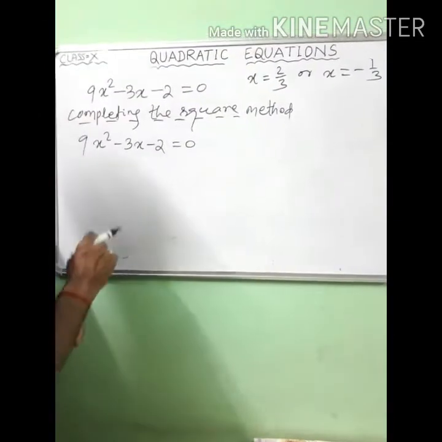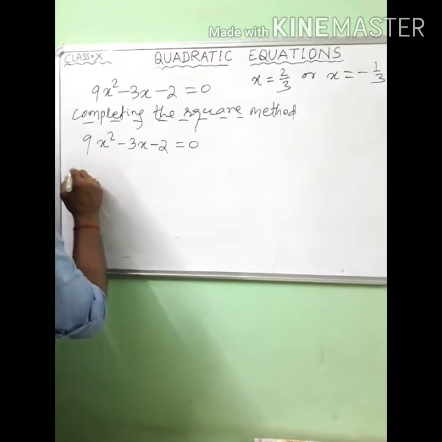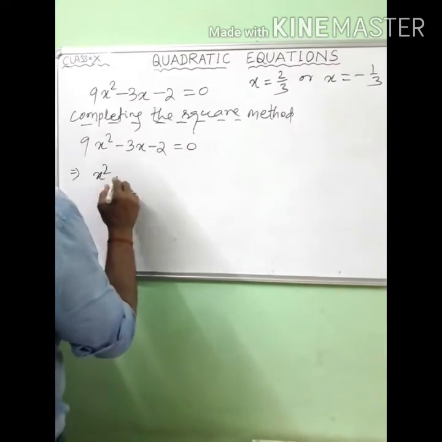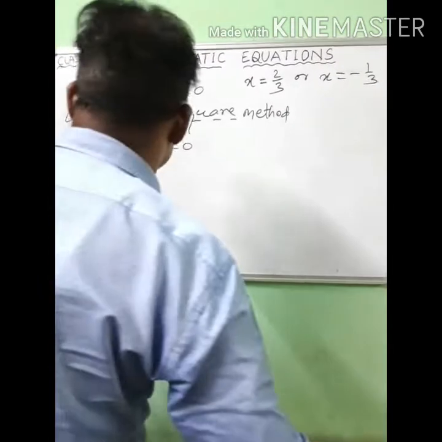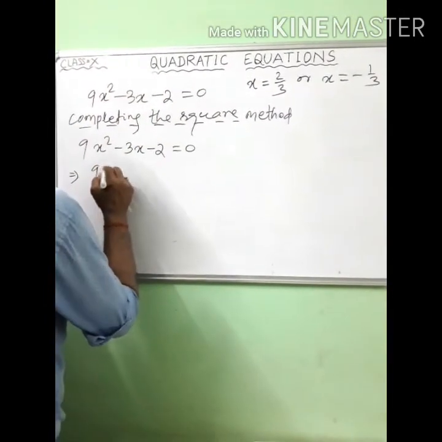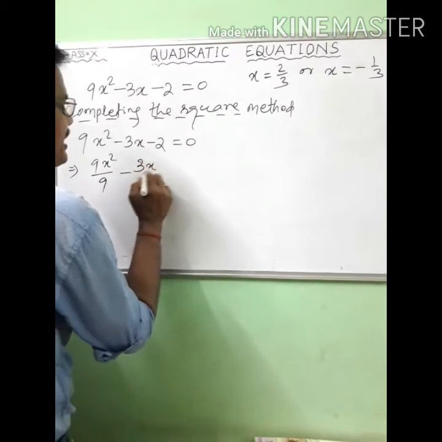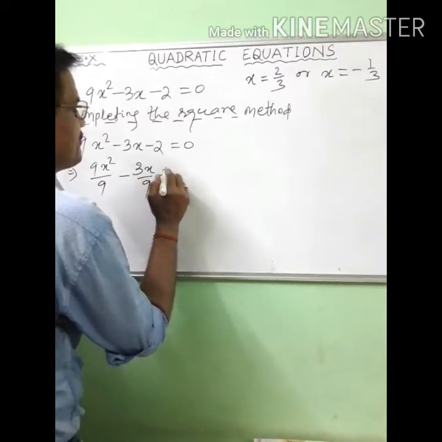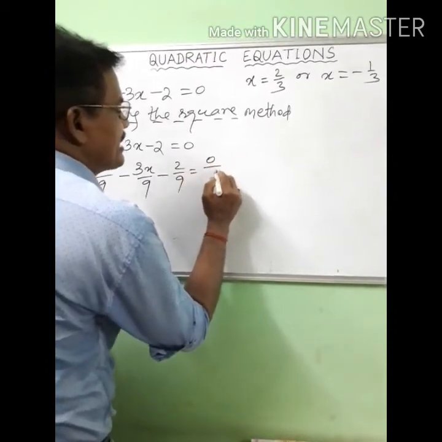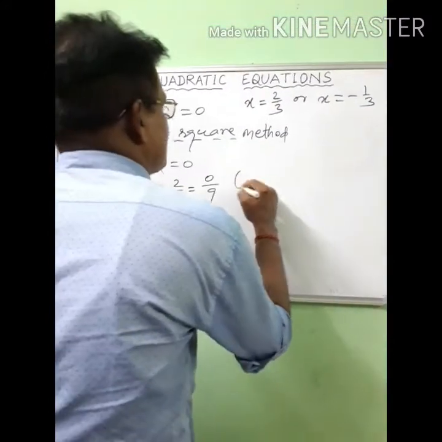So x square, let us divide both sides by 9: 9x square by 9 minus 3x by 9 minus 2 by 9 is equal to 0 by 9.